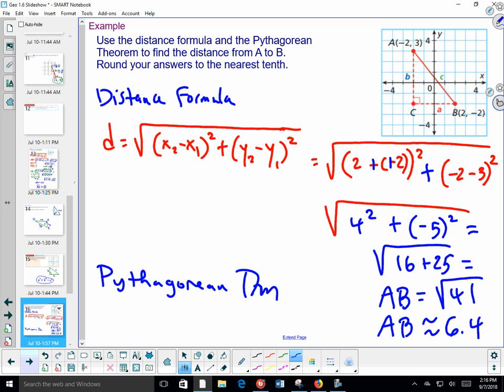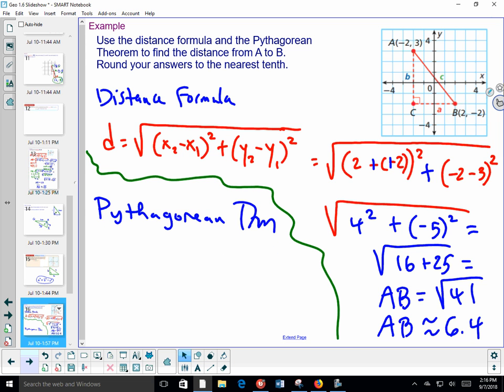Okay, now, that's great, but that was all using the distance formula method. You with me? Now, if we're going to use the Pythagorean theorem method, that means we need to find, if we're trying to find the length of AB, which side of this right triangle is that, Connor?